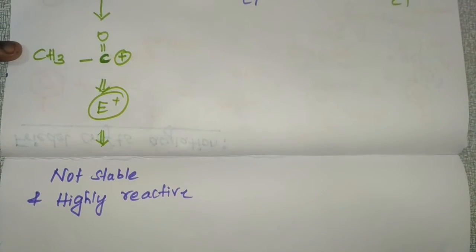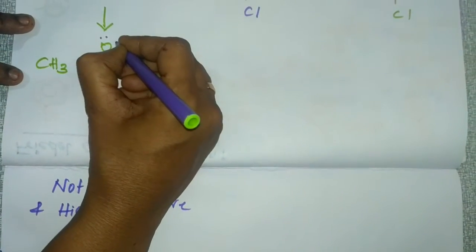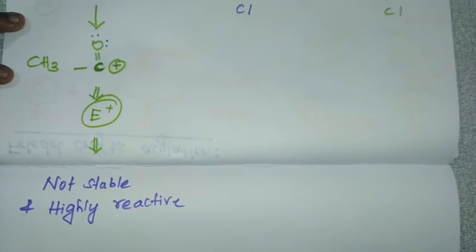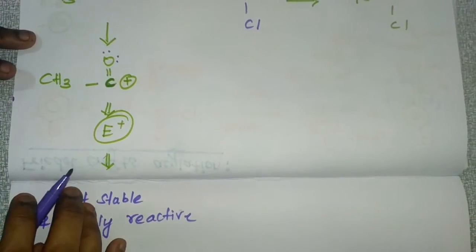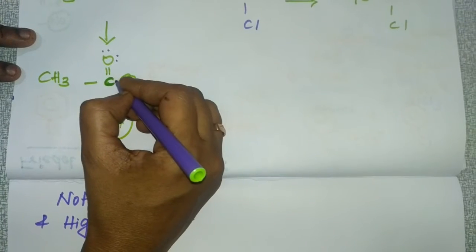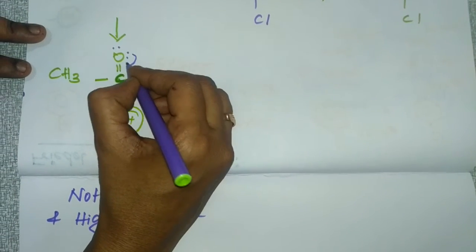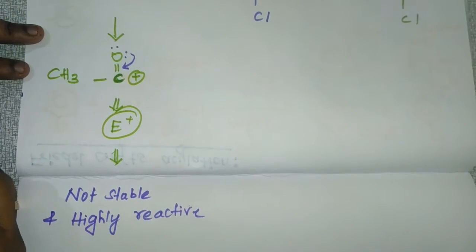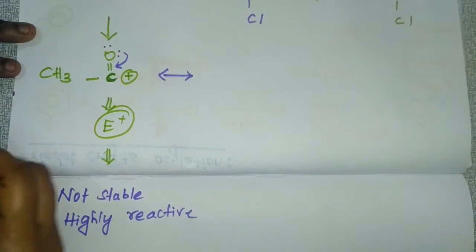Okay, so here what happens? And one more important point is this oxygen will be having two lone pairs of electrons. So here this is positive. This positively charged carbon will take one lone pair of electrons from here, and you can write it as a resonance form.